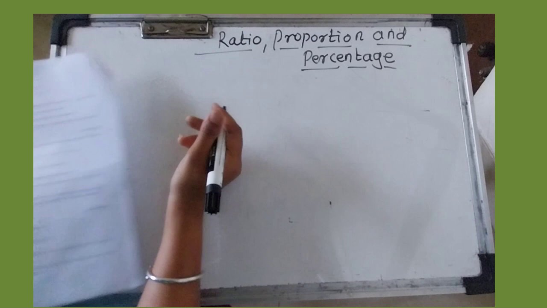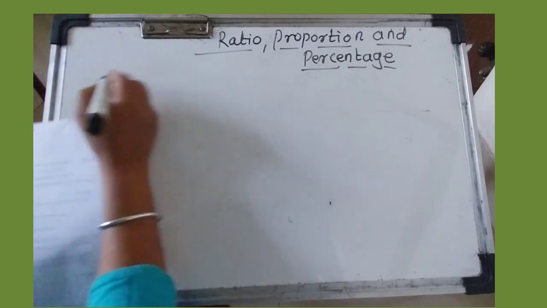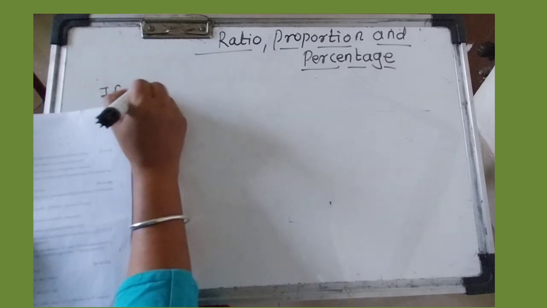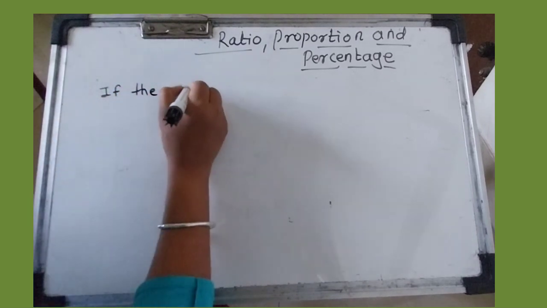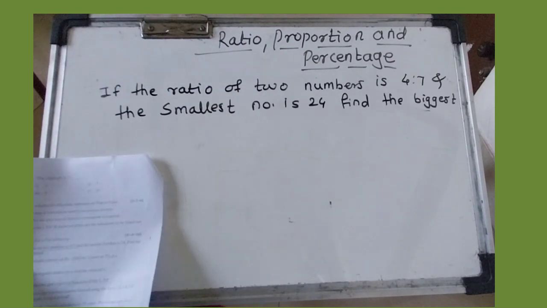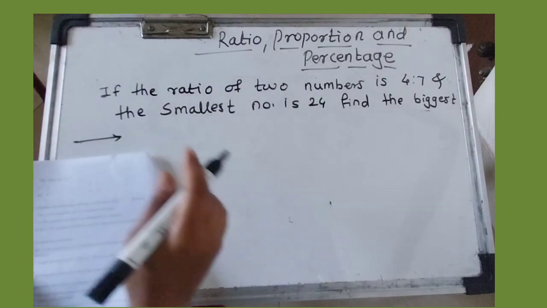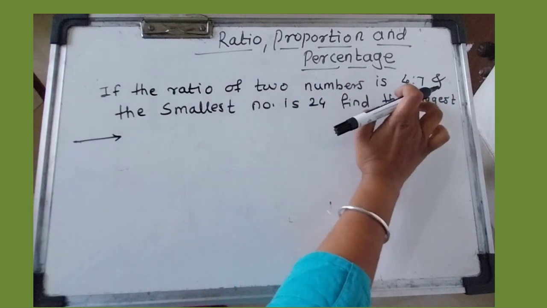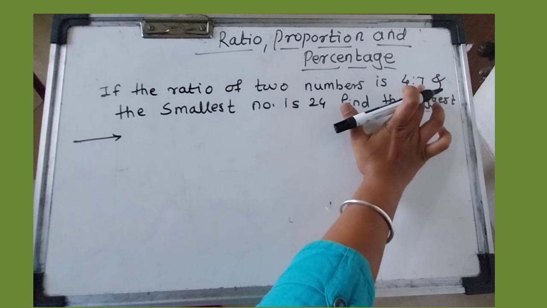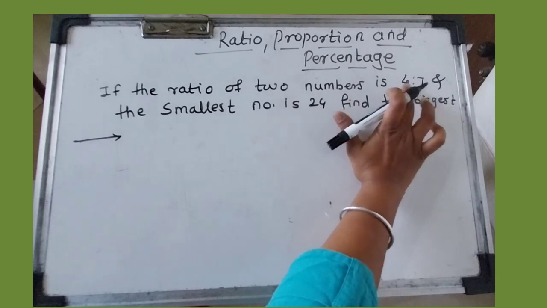Similar example asked in exam paper. If the ratio of two numbers, same example, okay, what is our trick? What they given? Ratio. Assume, multiply it by x, and assume that as our answer.